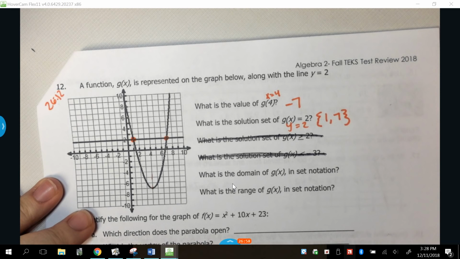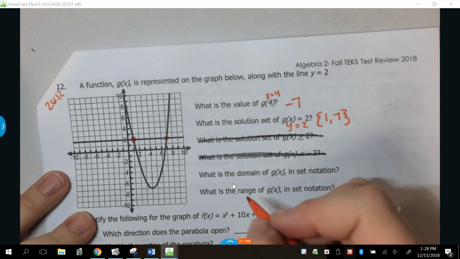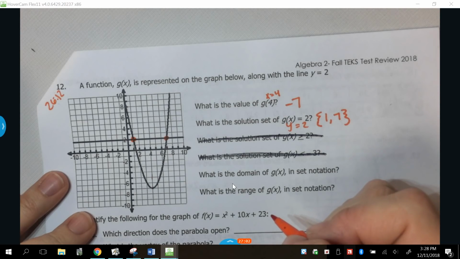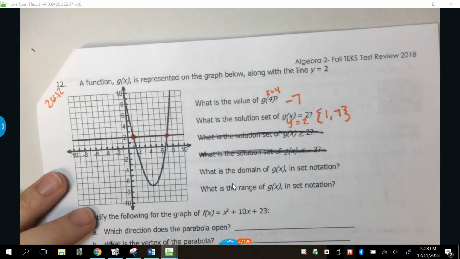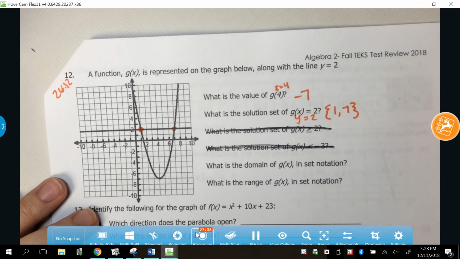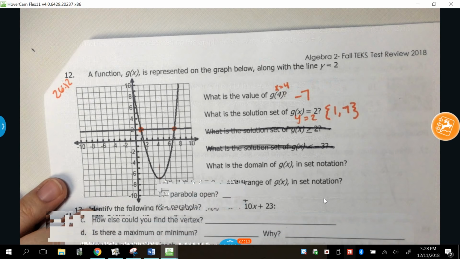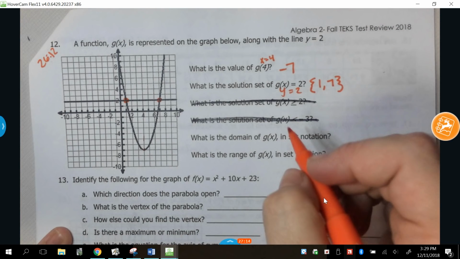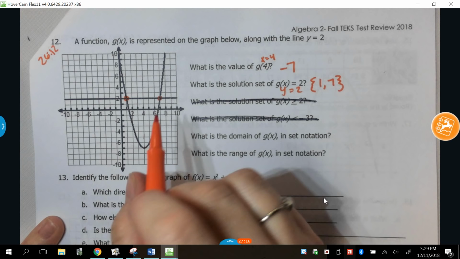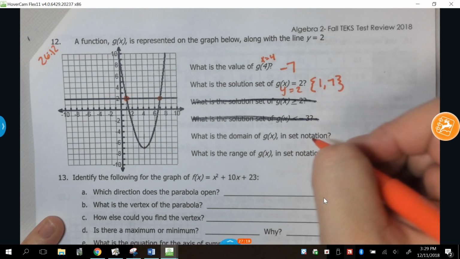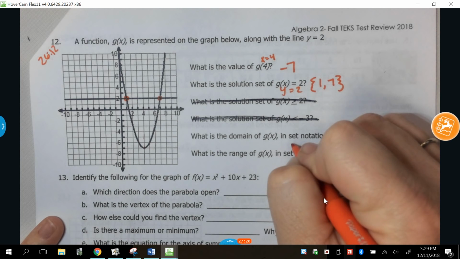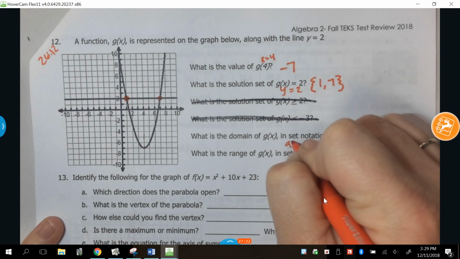Now what is the domain in set notation? So domain-wise it is from -infinity to infinity. Sorry about that. What is the domain in set notation? Domain is from left to right, so I want you to realize that this is just all real numbers.